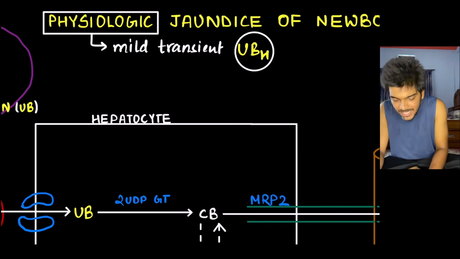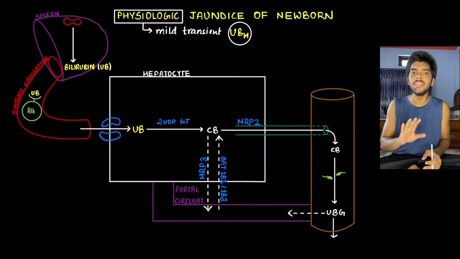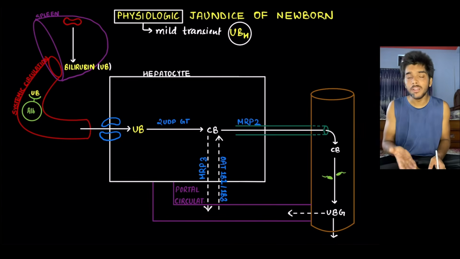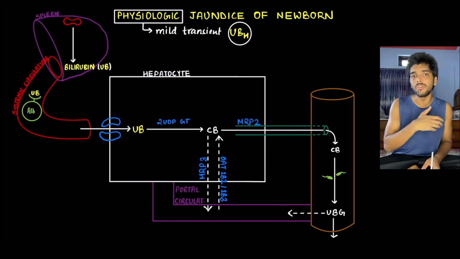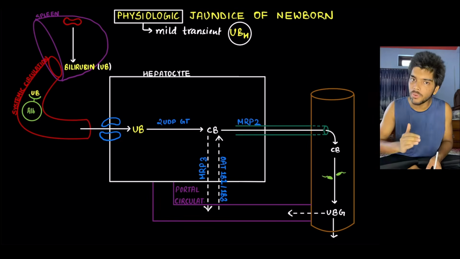The reason it is transient is because as soon as complete maturation of the hepatobiliary system takes place, now the liver is able to carry out conjugation. So unconjugated bilirubin is converted to conjugated bilirubin, bringing the level of bilirubin back to normal.